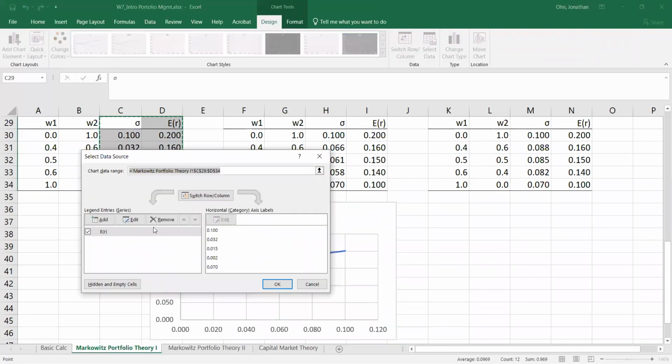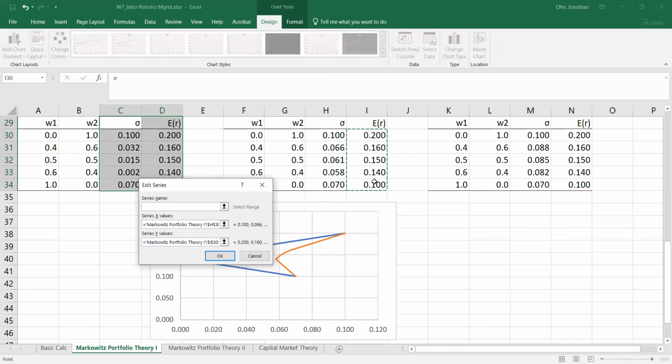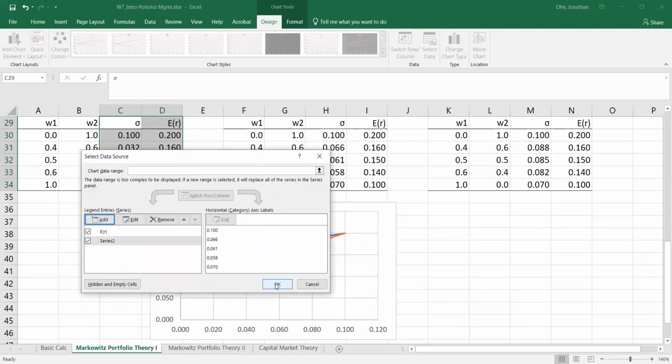Select data and add more. Now the x value is this one, and the y value should be this one here, right? You highlight these two cells and then put it there, all right?